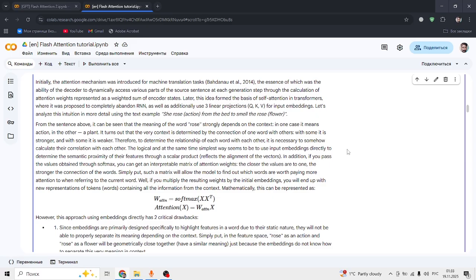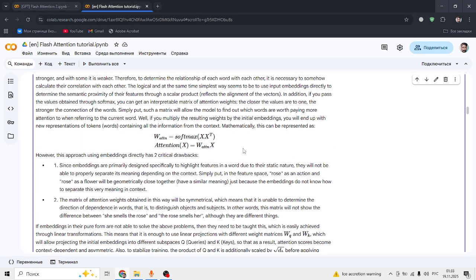Or simply put, such a matrix will allow the model to find out which words are worth paying more attention to when referring to the current word. And if we multiply the resulting weights by the initial embeddings, it may give us a new representation of tokens or words, which will contain all the information from the context. We can describe this mathematically like this.